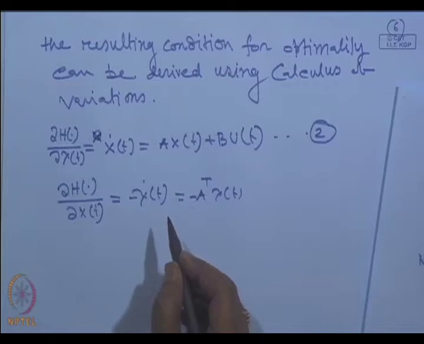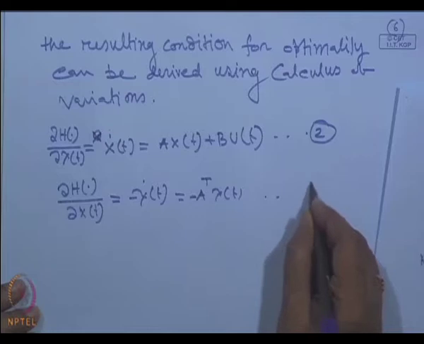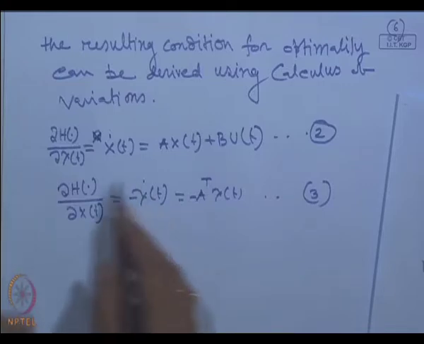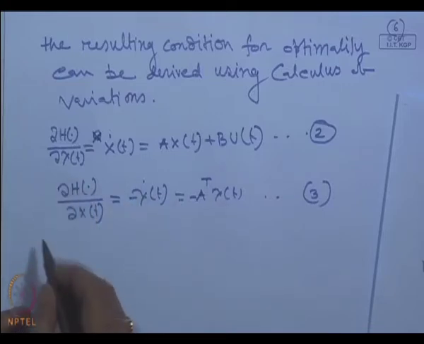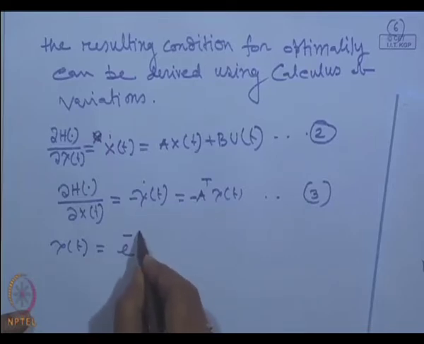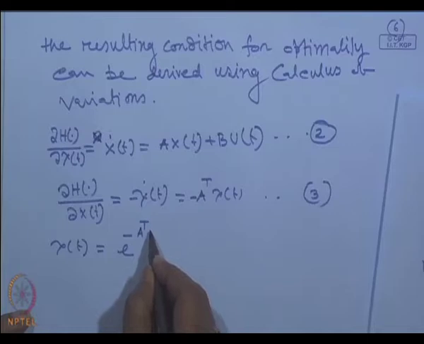This is the co-state equation; let us call it equation 3. If you solve this, lambda of t is equal to e to the power of minus A transpose t times lambda of 0.